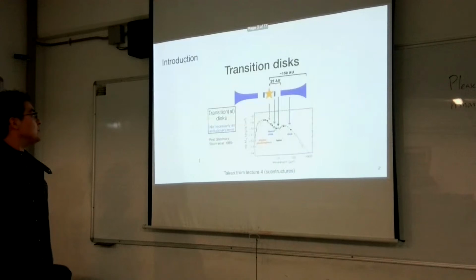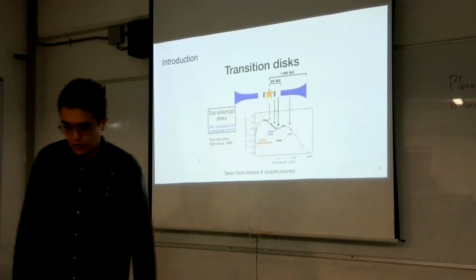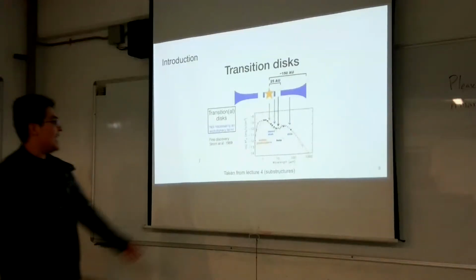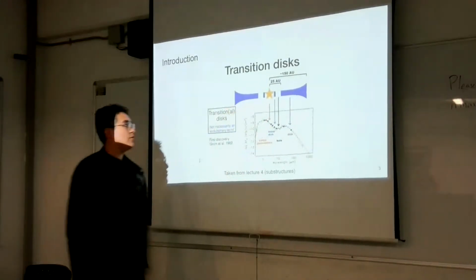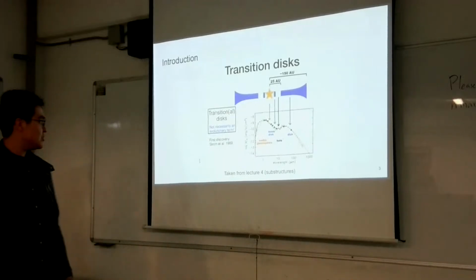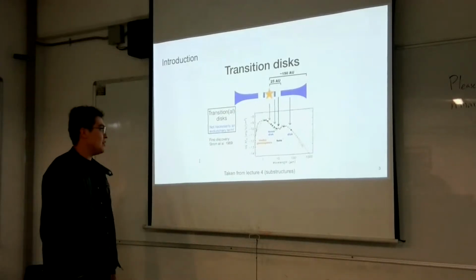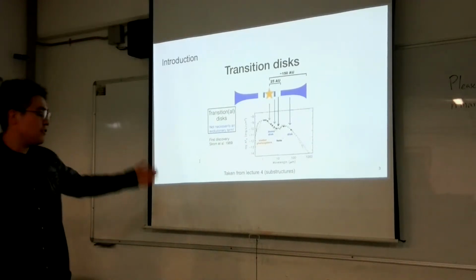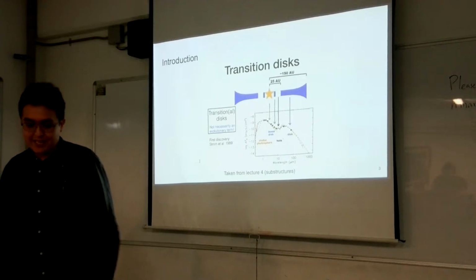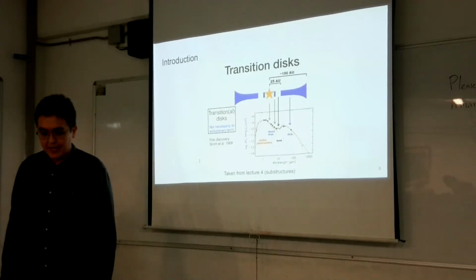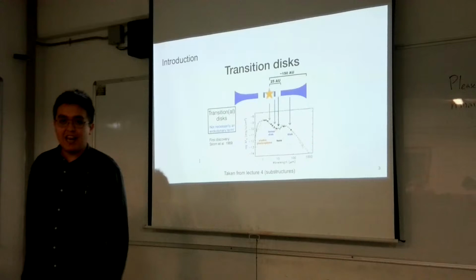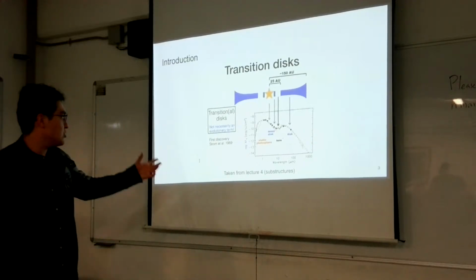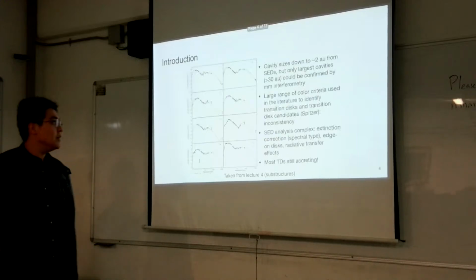So let's talk about transitional disks. Let's remember this concept: we have a gap or a hole in a disk, so we consider it a transitional disk, but remember that it's not necessarily a sign of an evolutionary stage.